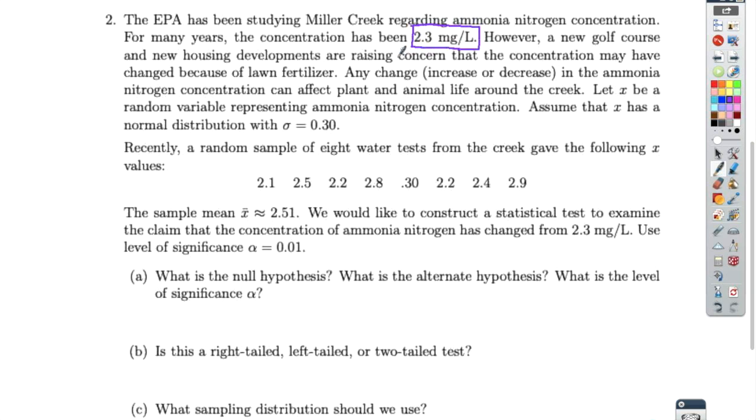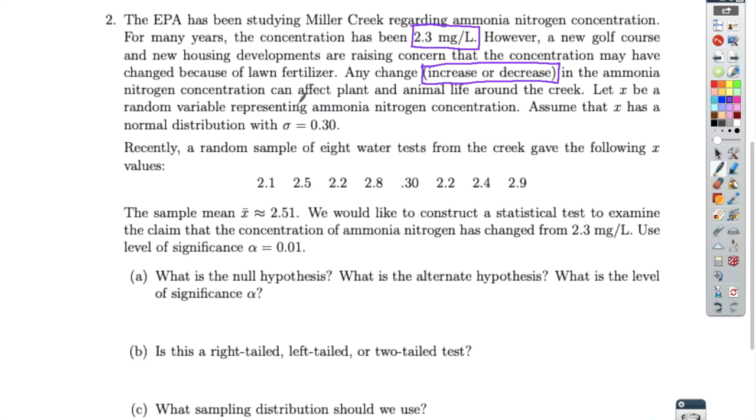However, a new golf course and new housing developments are raising concern that the concentration may have changed because of lawn fertilizer.